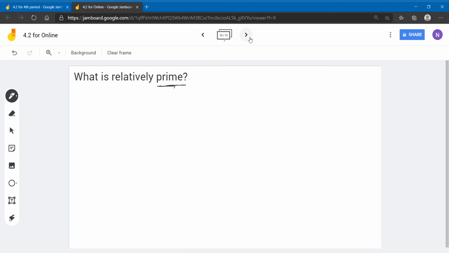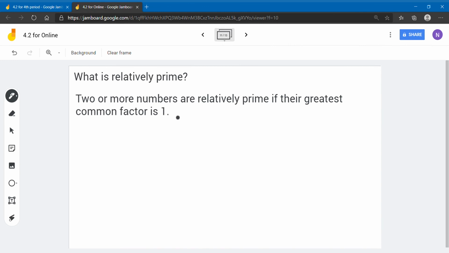So basically, you need to find the GCF, and if the GCF is 1, those numbers are relatively prime. That's the only way to know if a set of numbers are relatively prime.